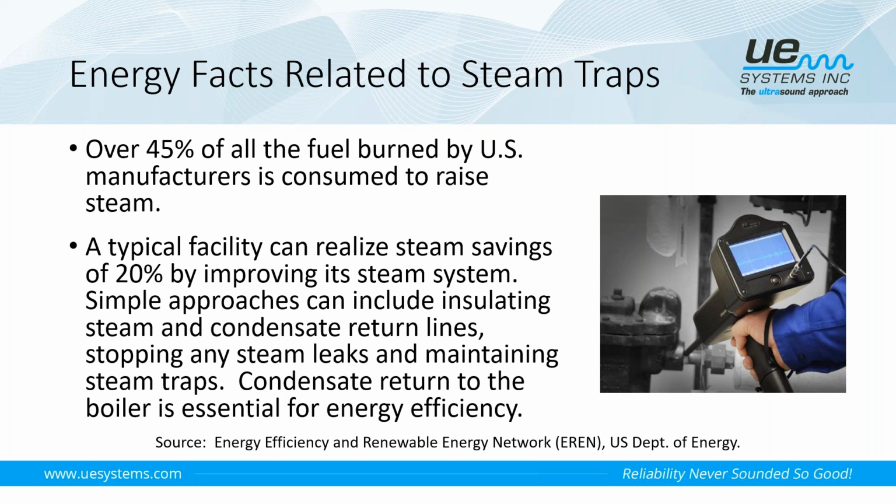If you're in a typical facility that uses steam, then you can realize steam savings of up to 20% just by simply improving the steam system. Improving the steam system also includes testing and then repairing any faulty steam traps.